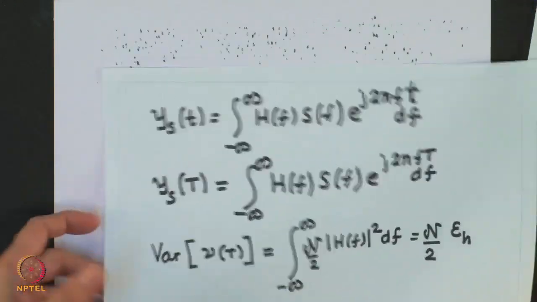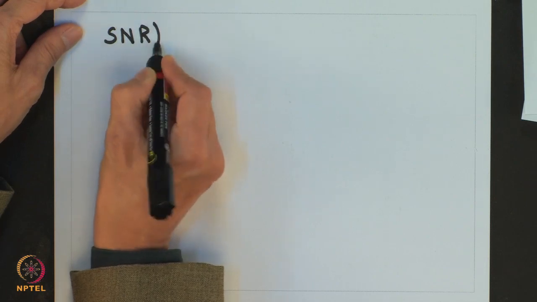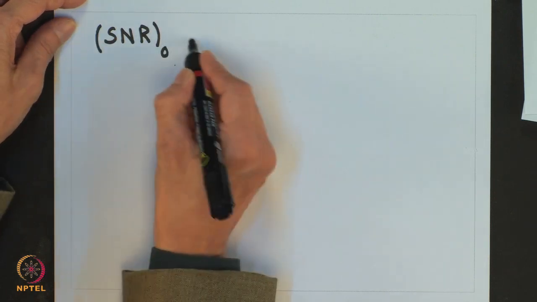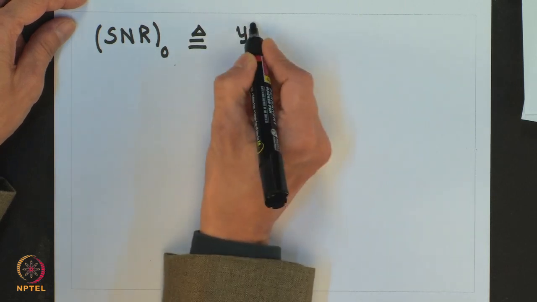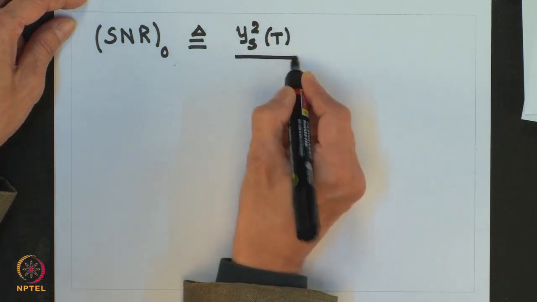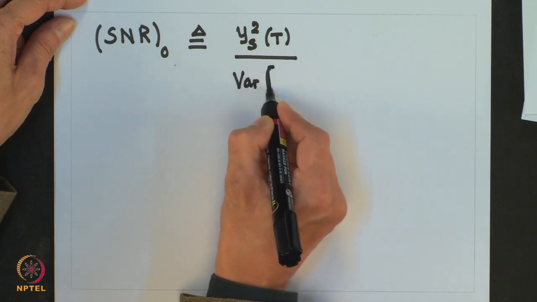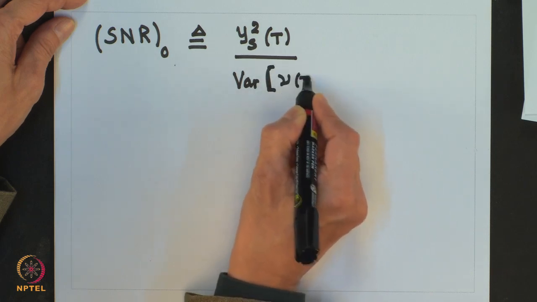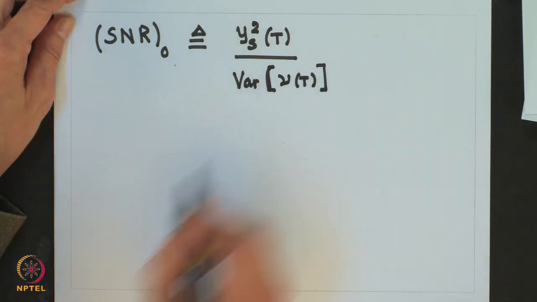So, now with this, let us define the signal to noise ratio at the output of the filter H(f) to be this quantity: output signal squared divided by the variance of the noise, that is n(t).